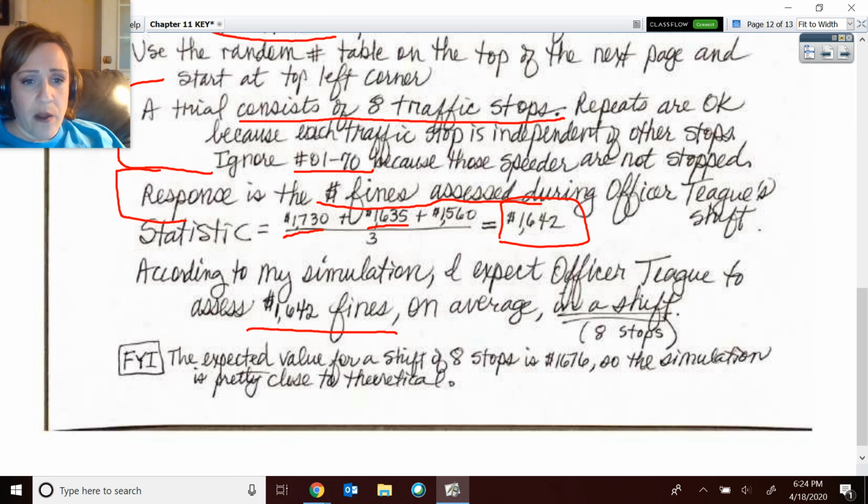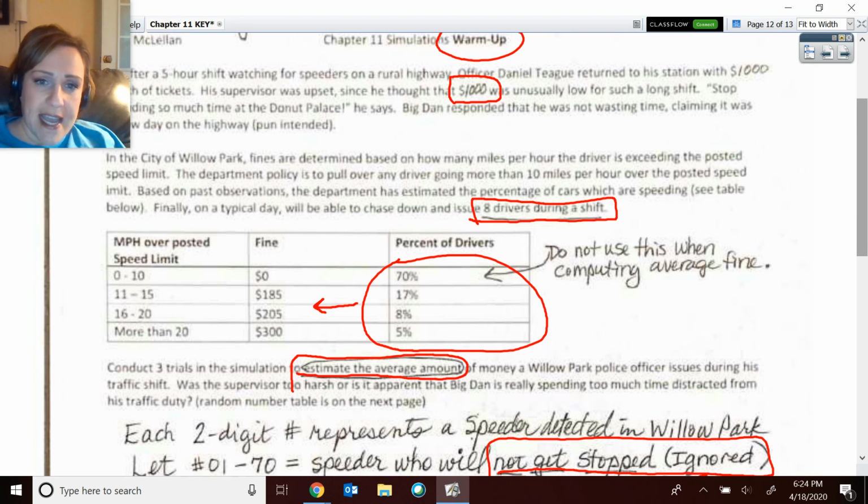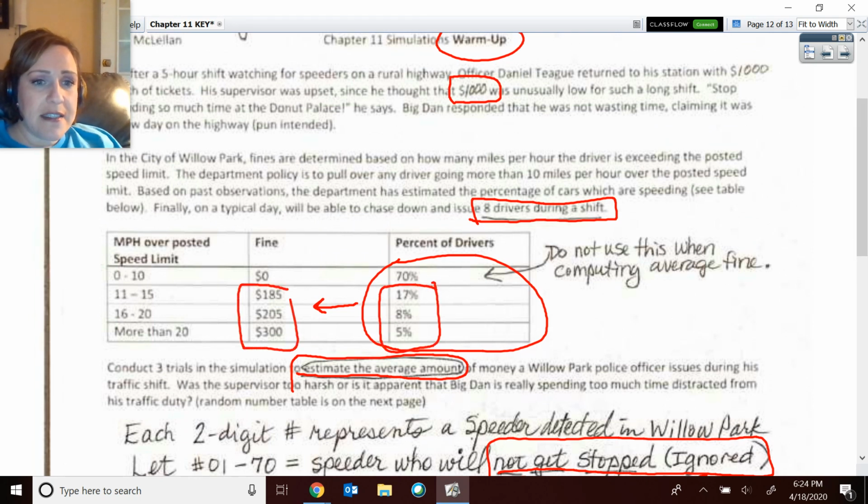Okay, now, just FYI, I went ahead and looked at theoretically what this would be. I went into my one variable stats and entered these fines with this frequency.